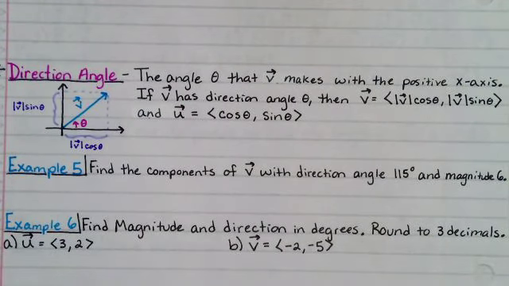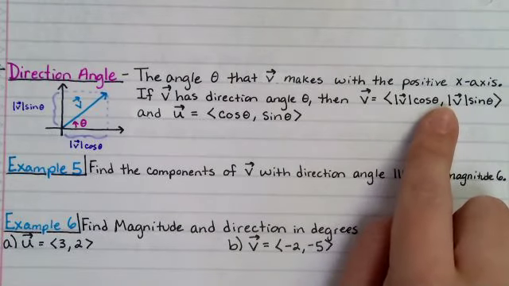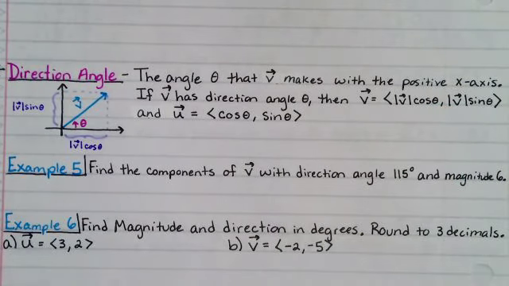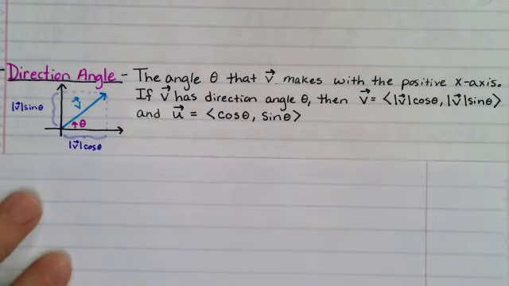You see here the angle theta that V makes with the positive x-axis. If V has a direction angle of theta, then the relationship we have is right here. Now, I want you to think about it for just a moment, because this all corresponds to some things that we've learned about in the past. So really try to bring everything together.